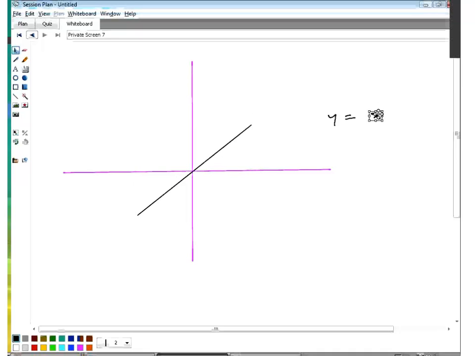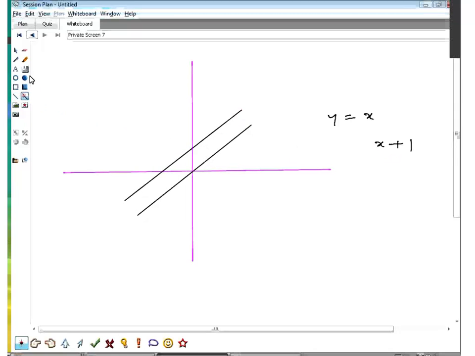If I add some number to the right side, x plus 1 or x plus 2, it means I'm increasing the height of y. With x plus 1, I'm not changing the slope. Slope is the same, 1.